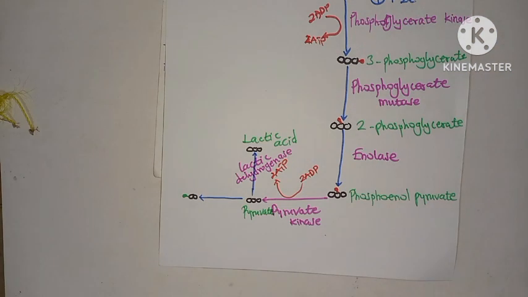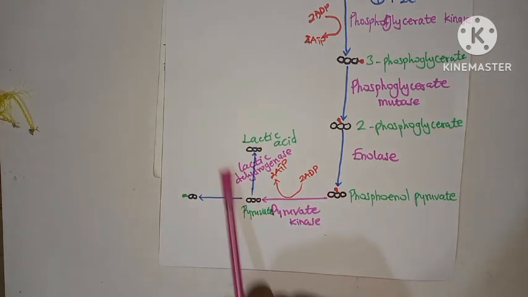This enzyme converts pyruvate to lactic acid, and this lactic acid can go into the liver and get converted into glucose or be used to make ATP. Lactic acid can cause the pH to decrease, and it makes the blood more acidic.